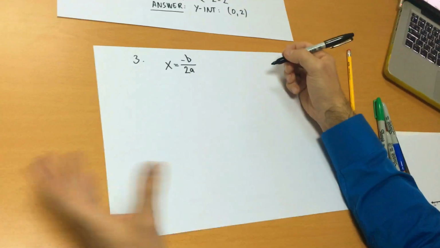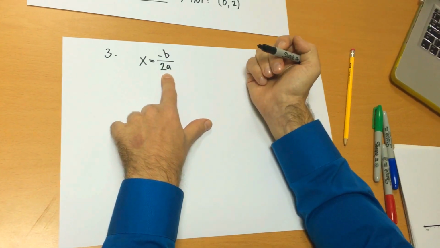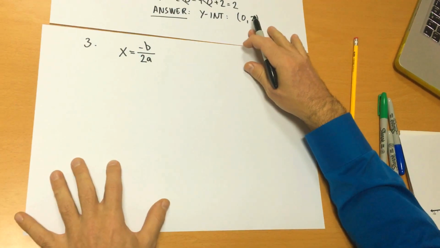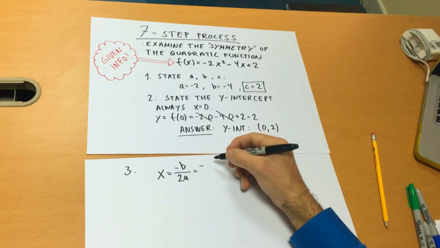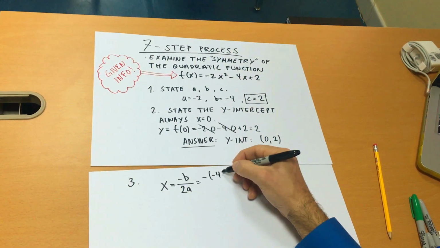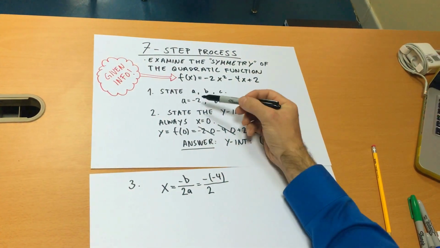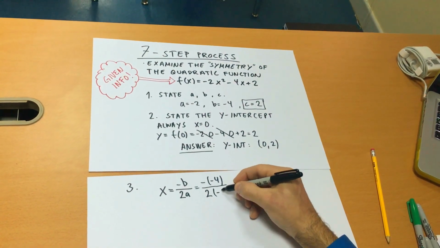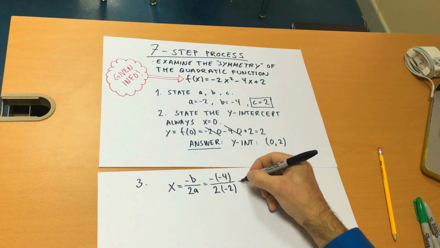That's the x-coordinate of the vertex. The vertex is a point like any other point, but the x-coordinate of it is given by this thing here, negative b over 2a. So if we look on our first piece of paper here, b was negative 4. So negative b will be negative 4 divided by 2 times a, and a was negative 2, so I put multiplied by negative 2. Okay, and now it's just a simplification procedure.